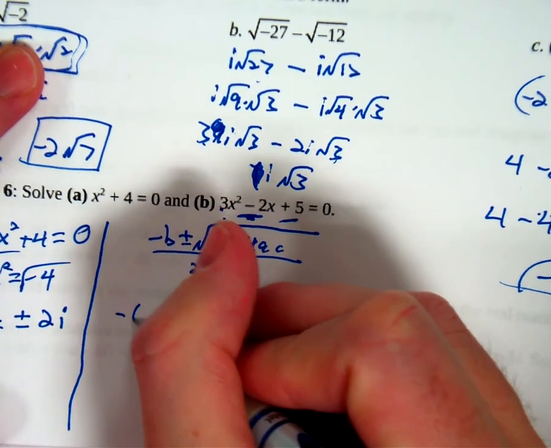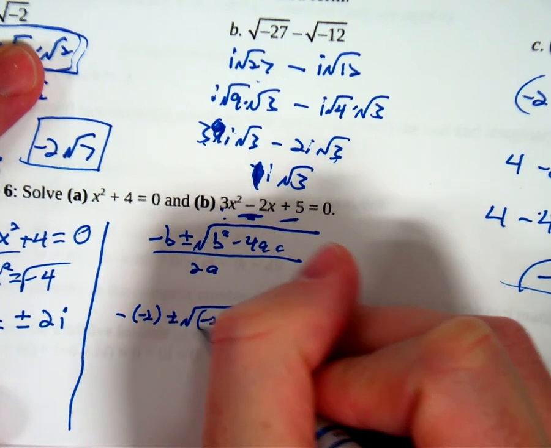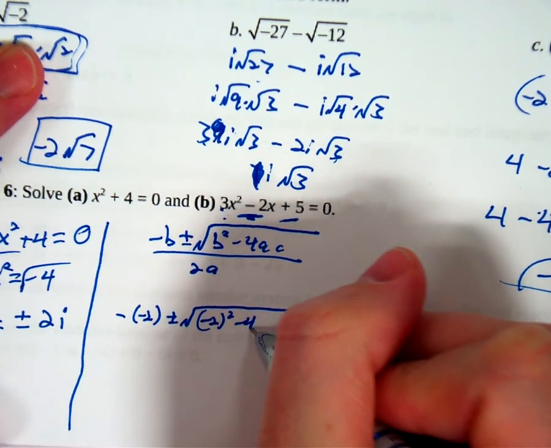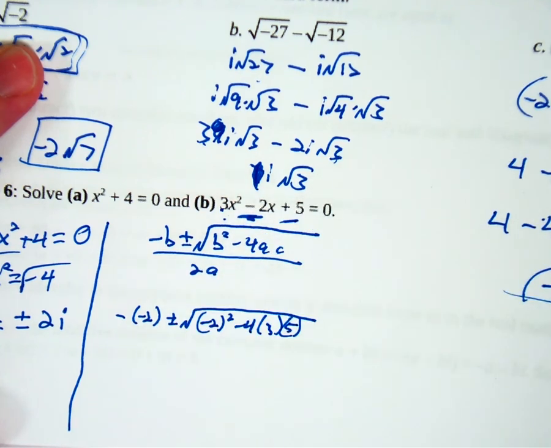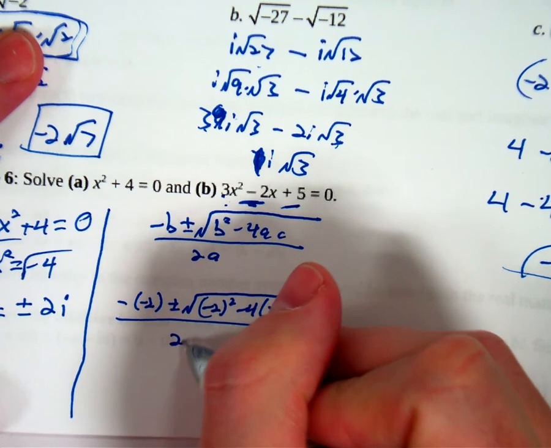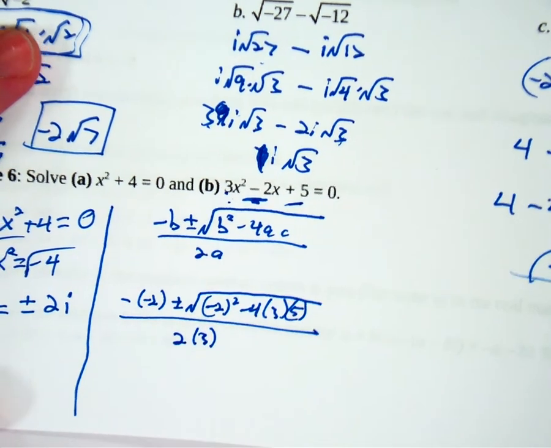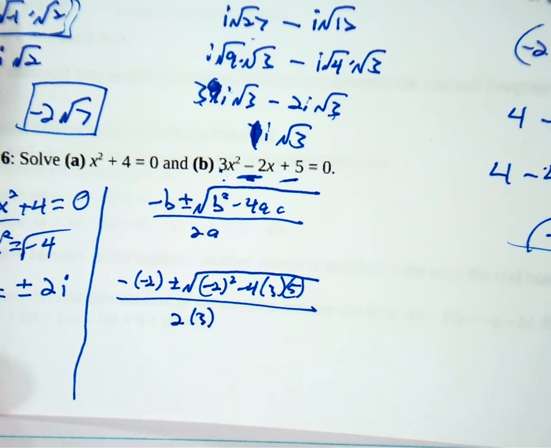So negative of a negative 2, negative 2 squared, 3, 5, 2 times 3. Okay, super important to make sure we get all this stuff put down in the right spot.